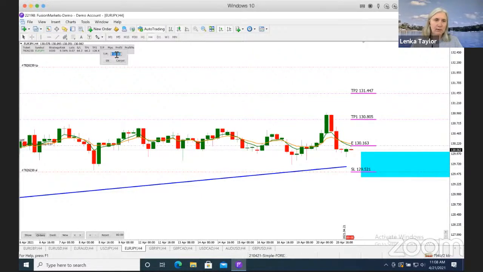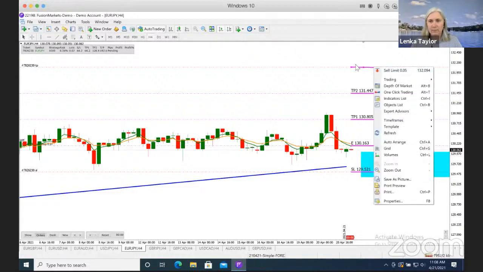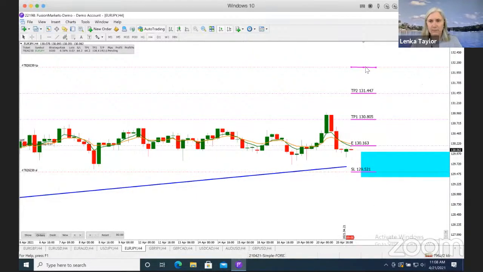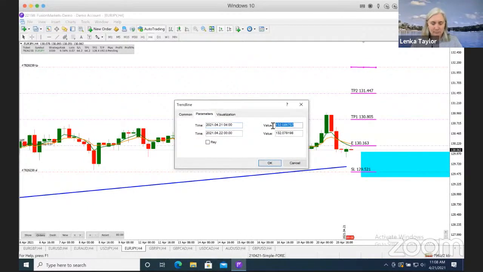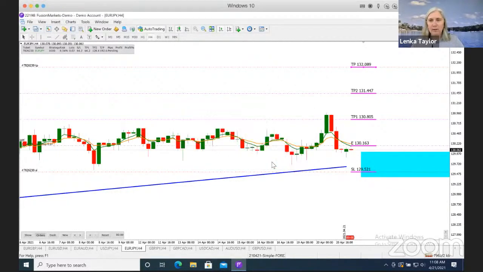And then the final one, TP at 132.089. Okay, so that's the annotation for that trade.